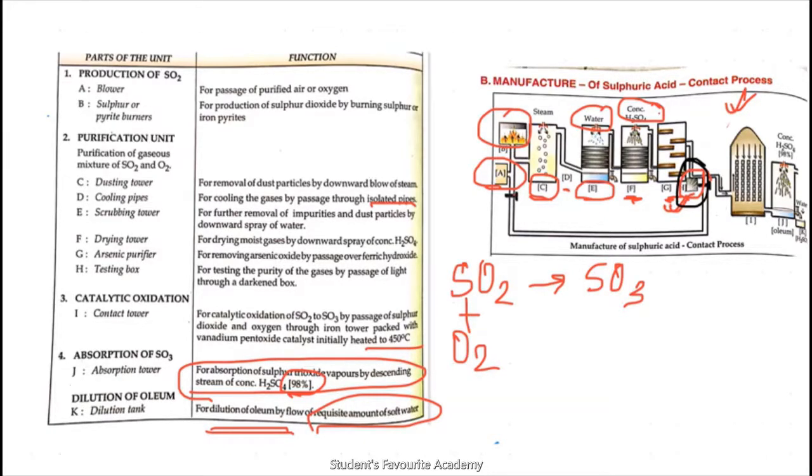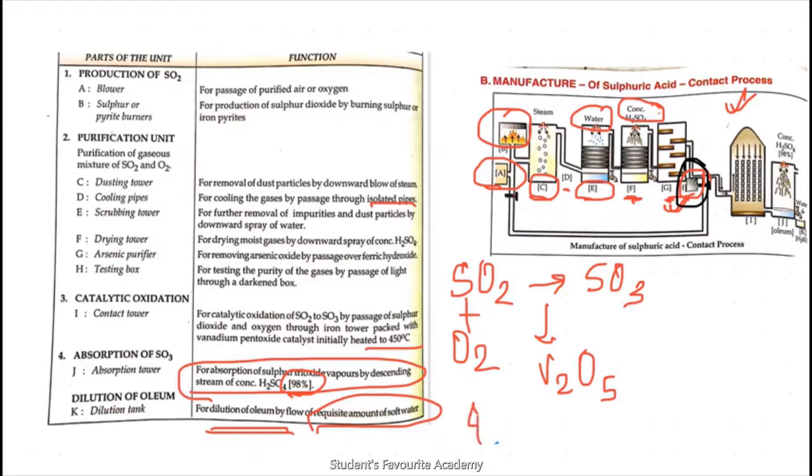And what is the most important thing here, children? The conditions which are there. This conversion does not take place only by oxidation, but it also involves the use of vanadium pentoxide as a catalyst. As the name suggests, this is a catalytic oxidation, meaning oxidation is taking place in the presence of a catalyst. So here vanadium pentoxide is acting as a catalyst.